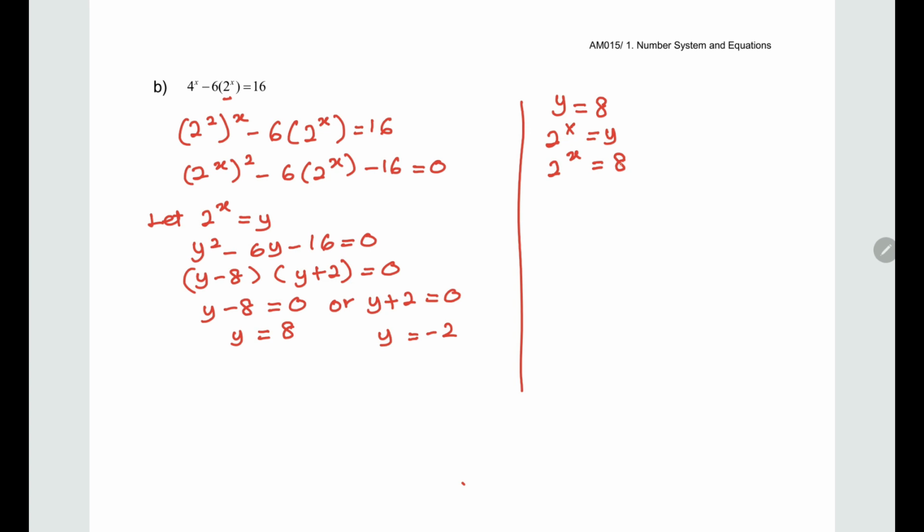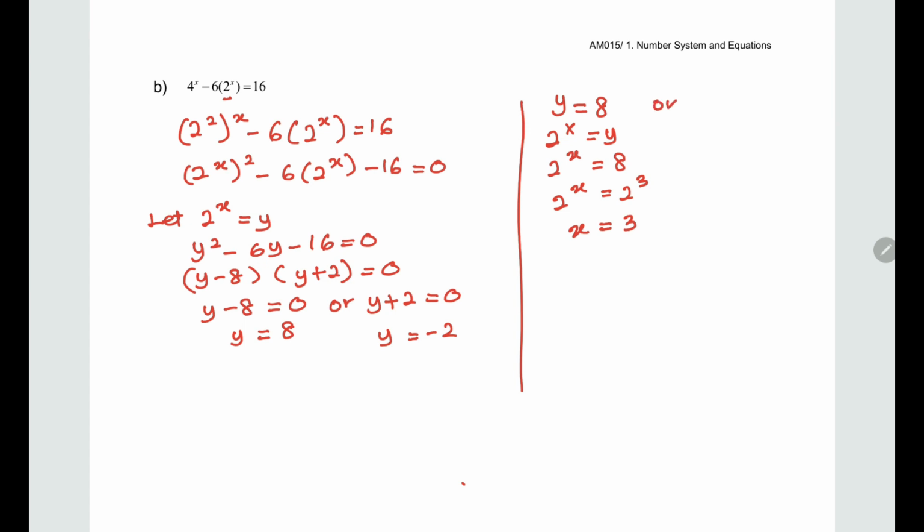Change 8 to base 2, so we get 2 to the power of x equals to 2 to the power of 3. Since the bases are the same, we equate the index. So we get x equals to 3.